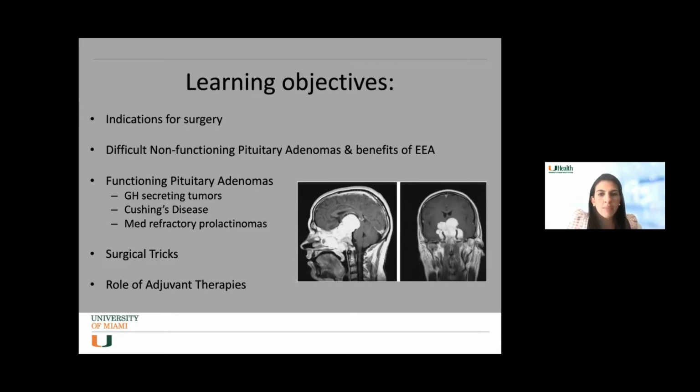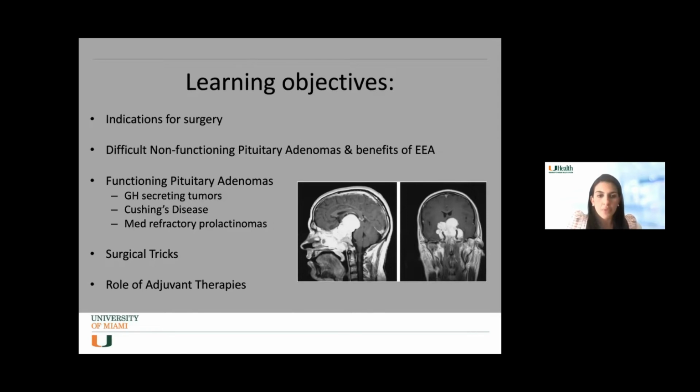And so our objectives: we talked about some of the indications for surgery, and we'll talk about the difficult non-functioning pituitary adenomas and how the endoscopic endonasal approach gives us some tricks in our bag to be able to manage these. Then we'll go a little bit into the functioning pituitary adenomas as well.